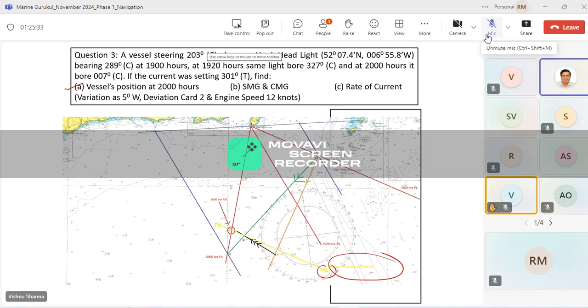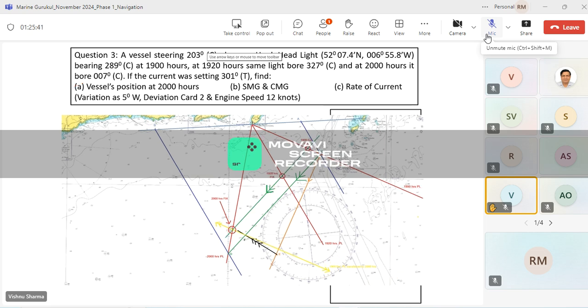Transfer what? CMG, sir. CMG. Very good. If I transfer the CMG through the 2000 hour fix, then this will become the 1920 fix if required, and this will become the 1900 fix if required. Am I right, guys? Yes, sir.